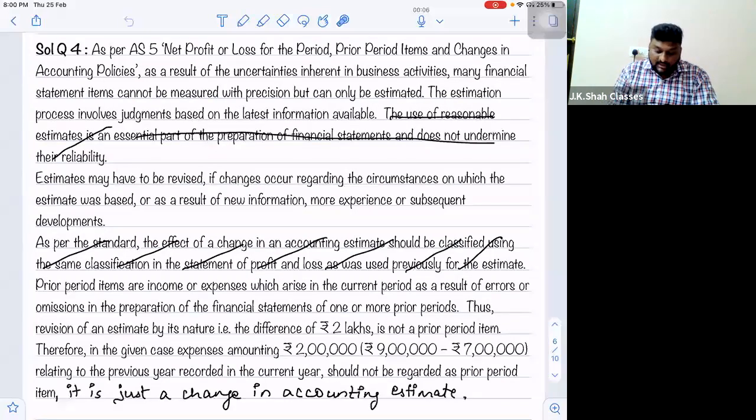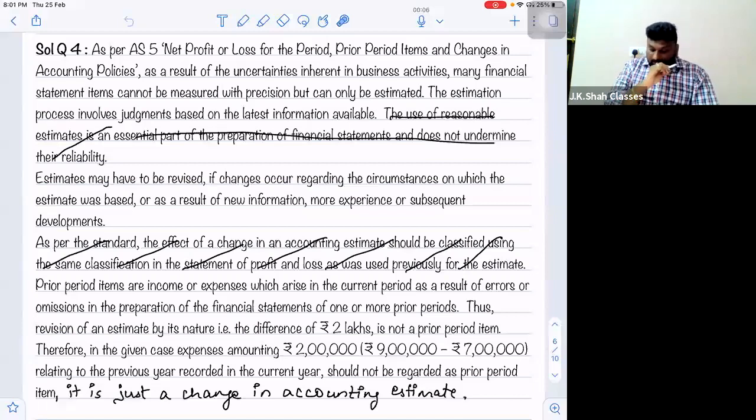Now it says, as per AS5, Net Profit or Loss for the Period, Prior Period Items and Changes in Accounting Policies: as a result of the uncertainties inherent in business activities, many financial statement items cannot be measured with precision but can only be estimated. The estimation process involves judgment based on the latest information available. So can I say my first paragraph is nothing but the definition of accounting estimates, to be more correct?